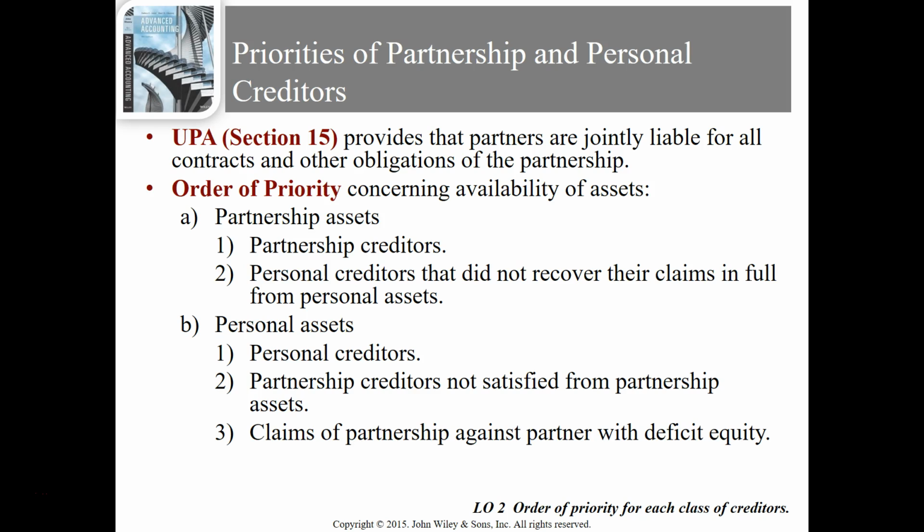Partnership assets go first to partnership creditors; personal assets go to personal creditors; partnership creditors not satisfied from partnership assets may then go against personal assets; and there are claims of the partnership against a partner with deficit equity.